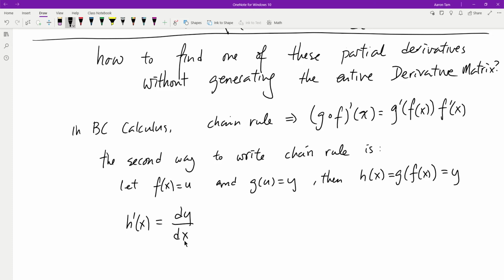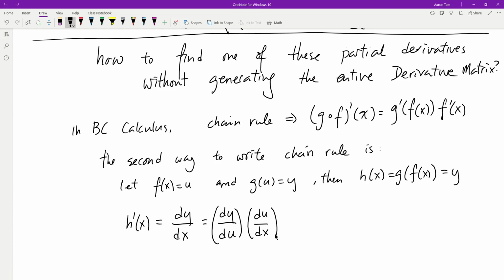The problem is because h is formed by a composition, x does not change y directly. So how does it work? Well, it works this way. y would get changed by u, but u gets changed by x.